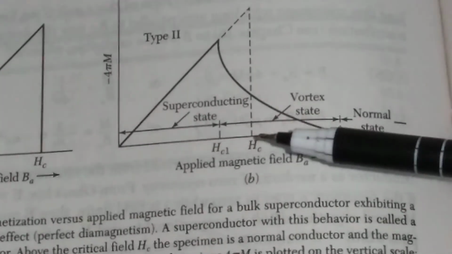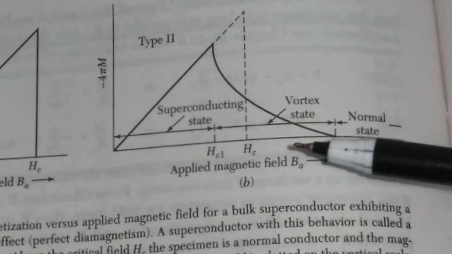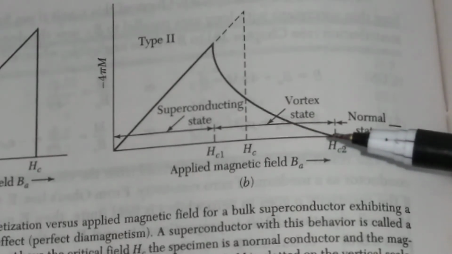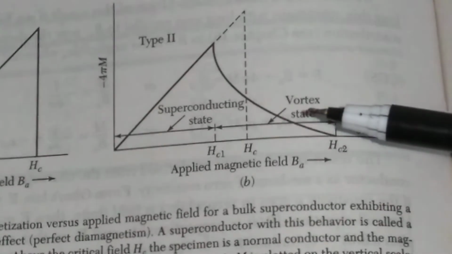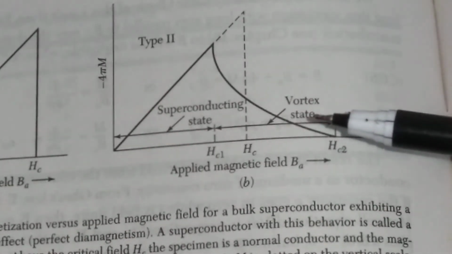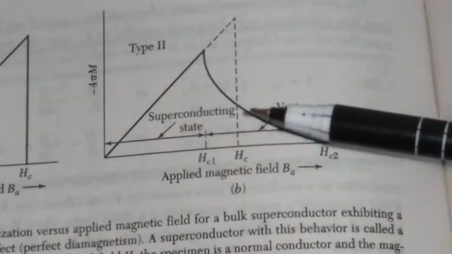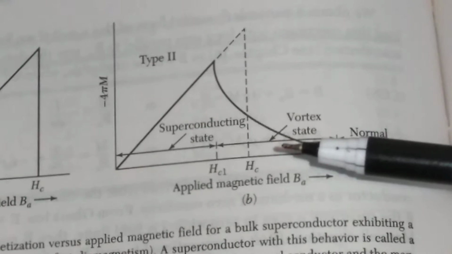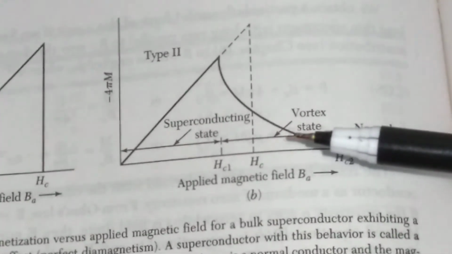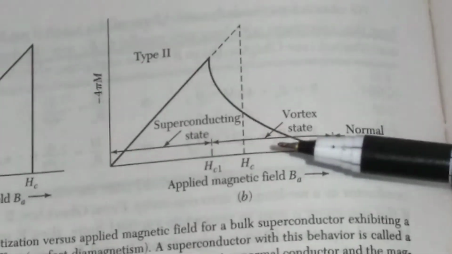In the region Hc1 to Hc2, the superconductor is in a state called the vortex state, where there is coexistence of resistive and superconducting subregions. In vortex state, there is coexistence of superconducting and non-superconducting resistive subregions.